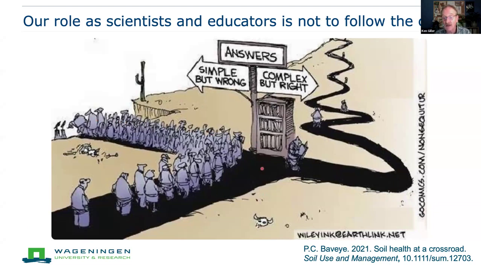Our role, I think, as scientists and educators is to grapple with complexity, to grapple with this complex, tortuous path up the hill, to take these decisions, which are much harder to communicate, but really the decisions that need to be taken and pushed into the policy agenda.